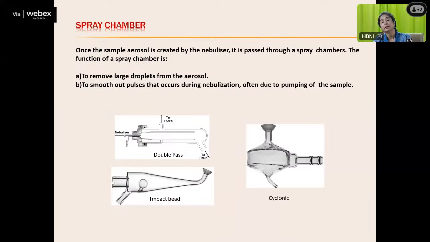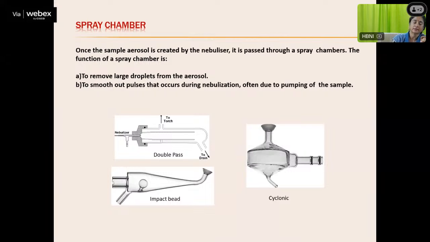Now, once the nebulizer forms your mist or your aerosol, it has to be passed through a spray chamber where heavier particles will go down to the drain, and only particles having size less than 1 micrometer can pass to the plasma, because the stability of the plasma is very much dependent on the sample you are introducing into it.